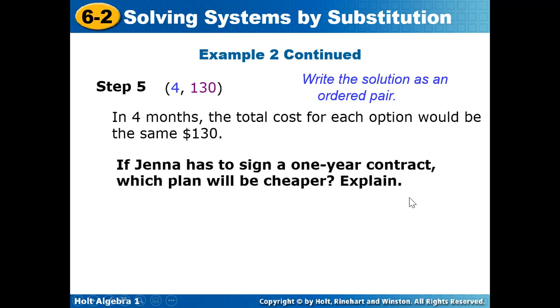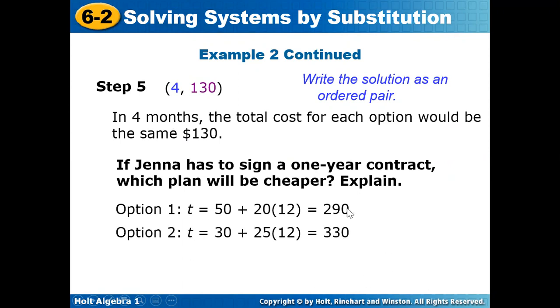Now, it asks if you have to sign a 1-year contract, which plan will be cheaper. And so 1 year, remember, you're doing this in months. So 1 year is 12 months. So substitute in 12 for your months and solve. You get $290 for the first plan and $330 for the second plan.